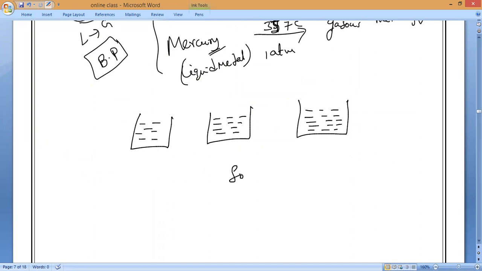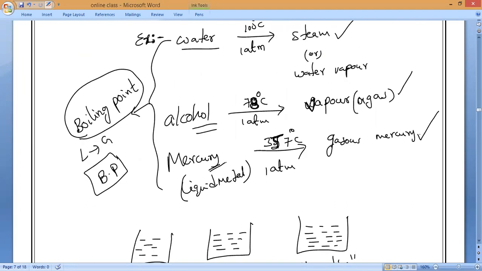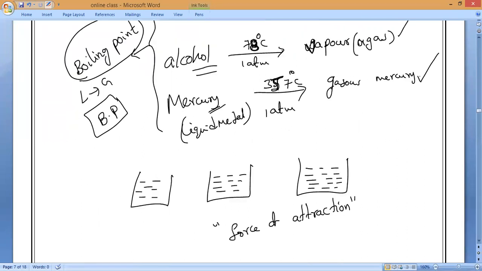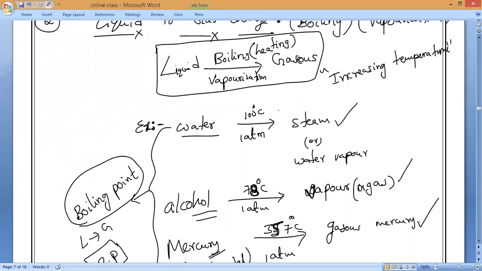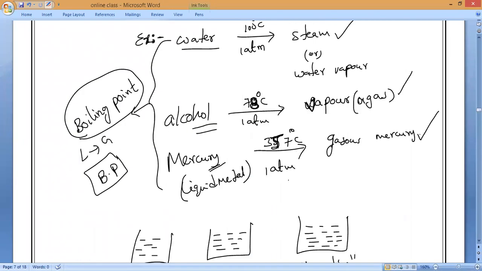It is indicating the force of attraction between the particles. So who has more force of attraction, alcohol or water or mercury? Mercury. That is why it needs more temperature to convert into the gaseous state. Alcohol, see, more force of attraction or less force of attraction?